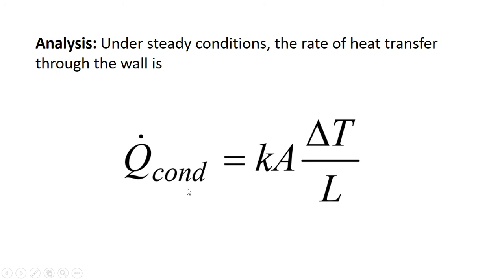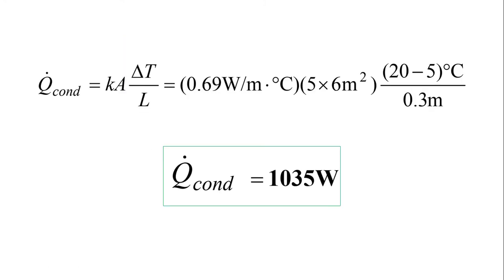The rate of heat conduction is equal to the thermal conductivity multiplied by the surface area of the wall multiplied by the temperature difference divided by the thickness of the wall. Let's put the values in this formula. The thermal conductivity is 0.69, given in the question statement.